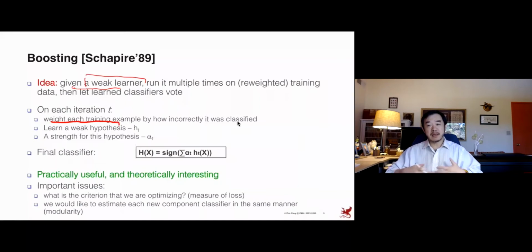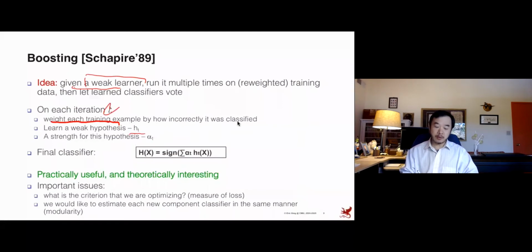That makes in every iteration a slightly different repurposing of the training process. And this weight will, of course, be changing, will be reweighted, adjusted during the iteration in every t. And this leads you to a weak hypothesis called h_t in every iteration.